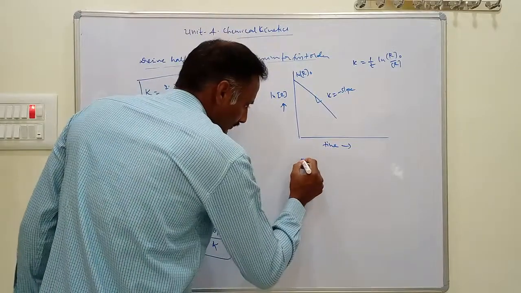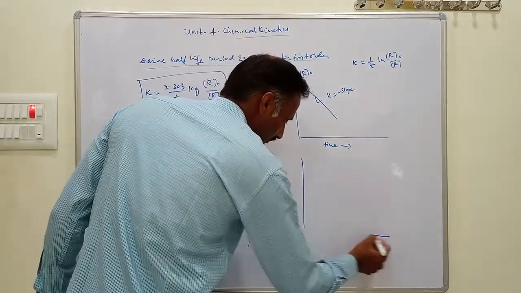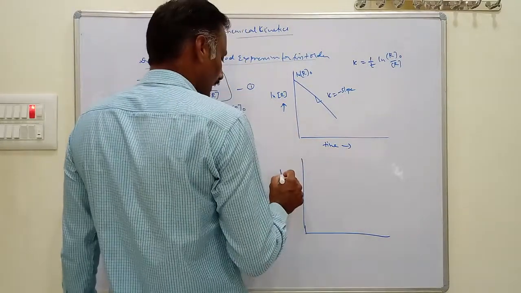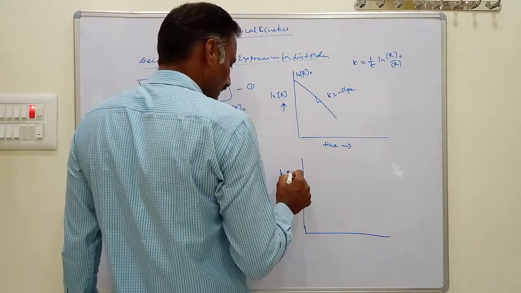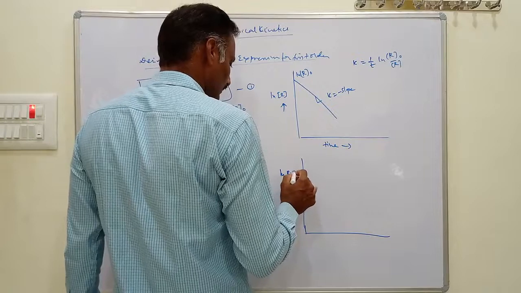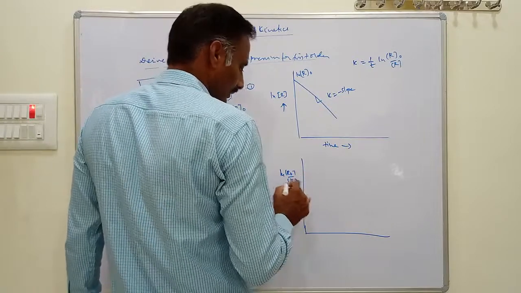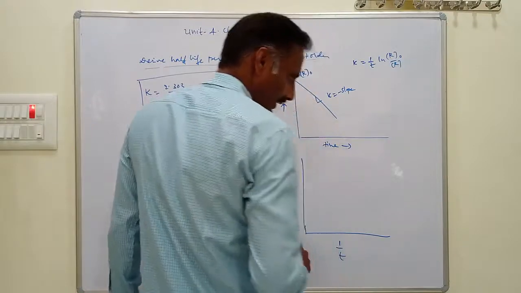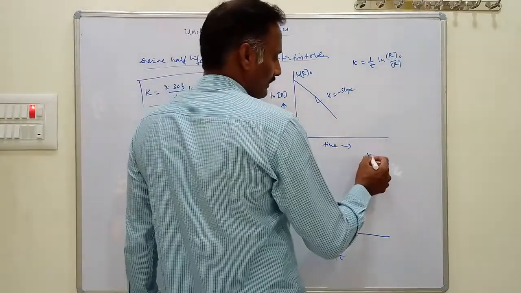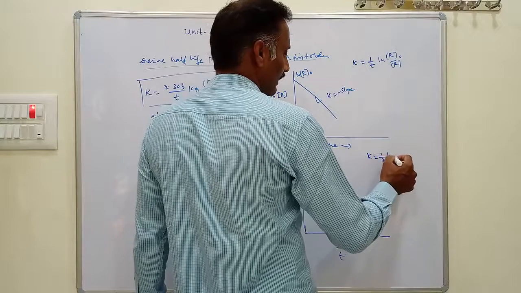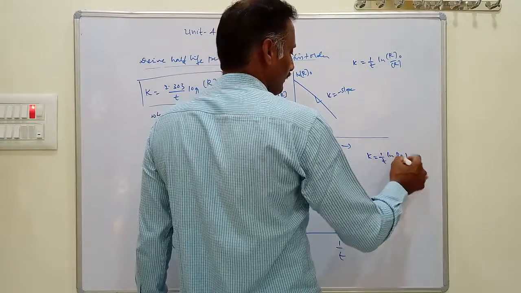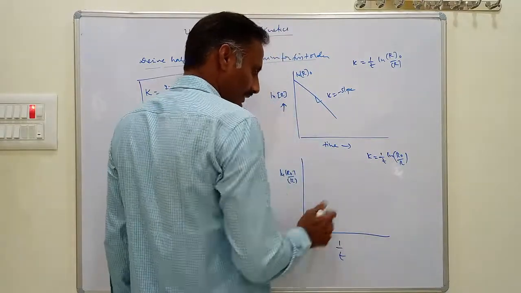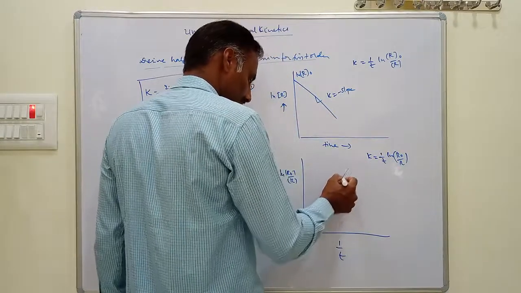You have one more graph. If you draw a plot of ln R naught by R versus 1 by t, this is for the equation k equal to 1 by t ln R naught by R. You will get a straight line like this.